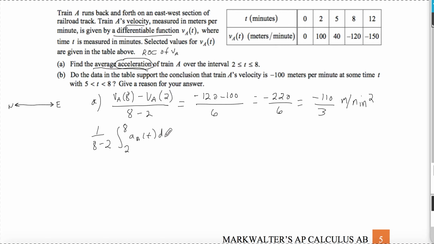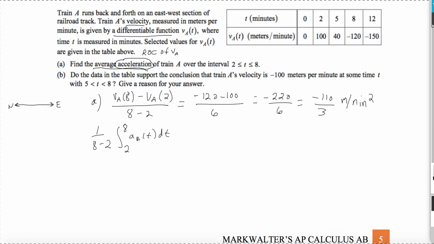Yes, you could have done it that way if we had a sub a, the acceleration function, but we don't have that. So we have to approach our average acceleration by taking the average rate of change, the slope. We would use the integral formula if we actually had the function for acceleration, but we don't.